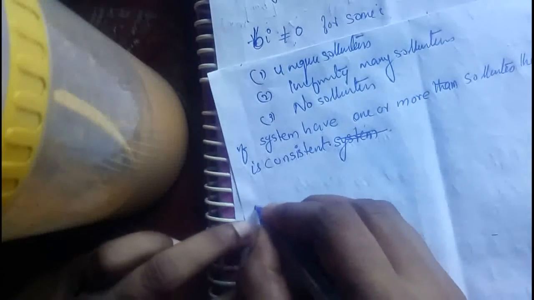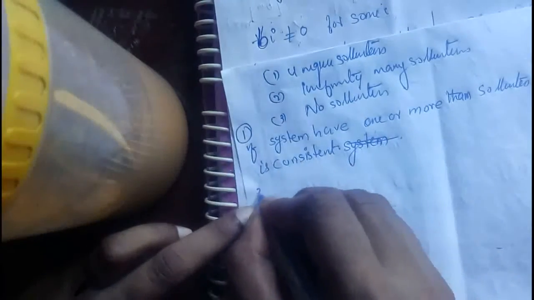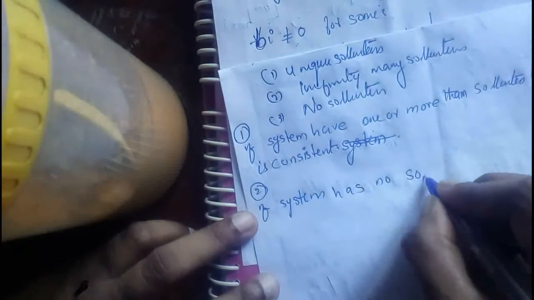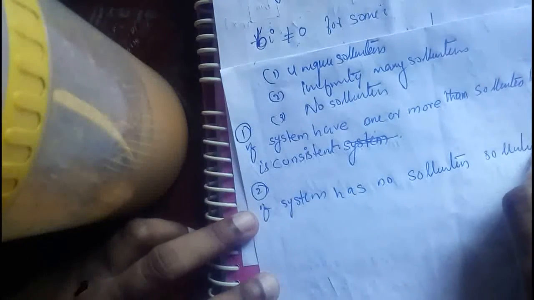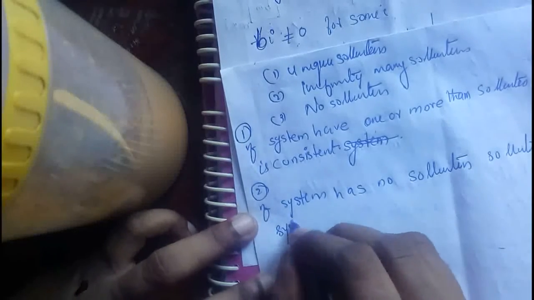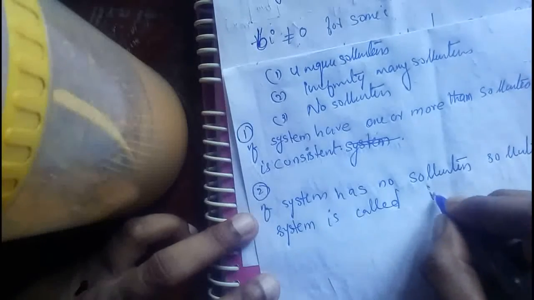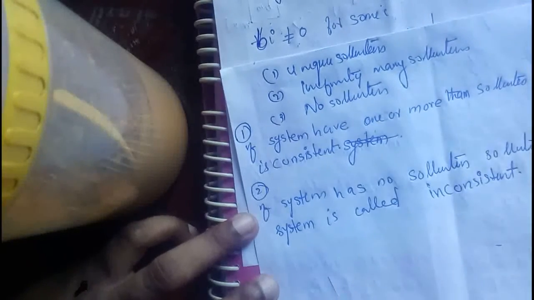Otherwise, if the system has no solution, such a system is called inconsistent.